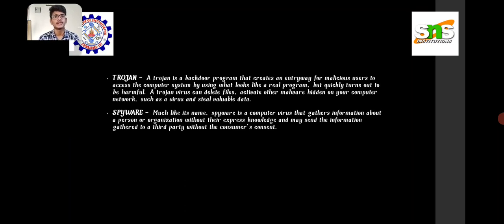A Trojan may be hidden inside files which you download for studying or any other use. Spyware. Much like its name, spyware is a computer virus that gathers information about a person or organization without their express knowledge and may send the information gathered to a third party without the customer's consent. Spyware sends your data, photos, and other personal information to a third party source, which you may have installed on your computer.